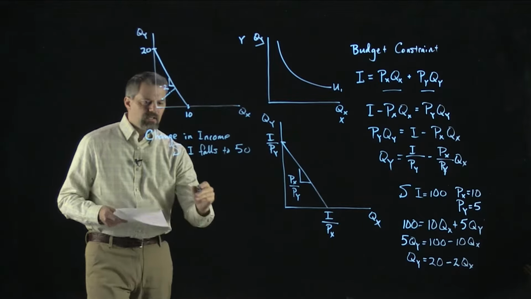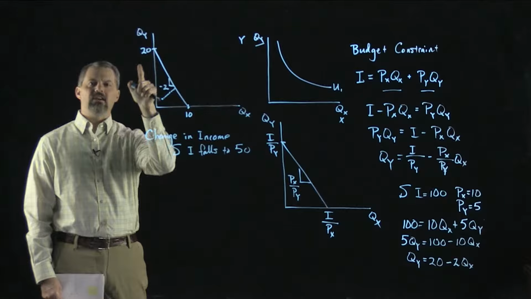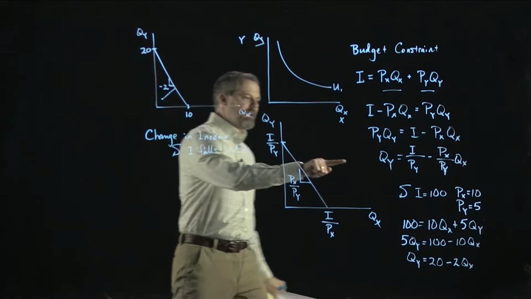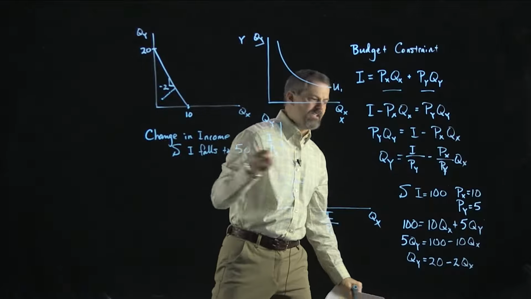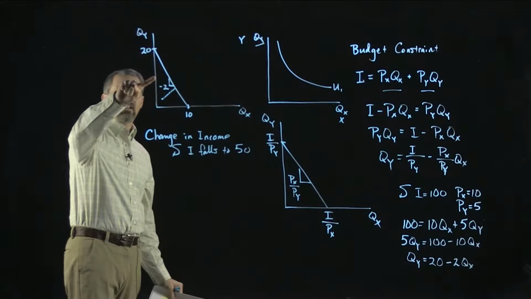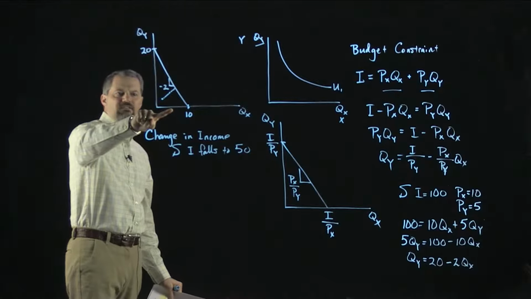So remember, this end point is their income divided by the price of good Y. Well, if their income is 50 and the price of good Y is 5, now they can only afford 10 units of good Y. They will only be able to afford 5 units of good X.